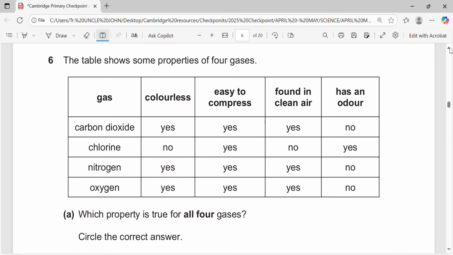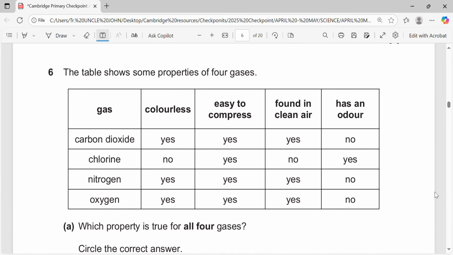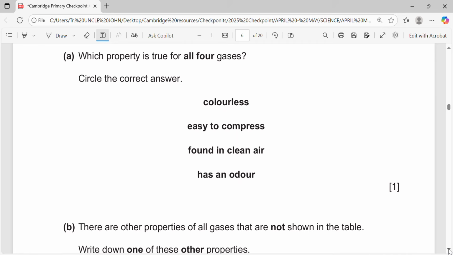The table shows some properties of 4 gases. Gas, colorless, easy to compress, found in clean air, has an odor: carbon dioxide, chlorine, nitrogen, and oxygen. A. Which property is true for all 4 gases?